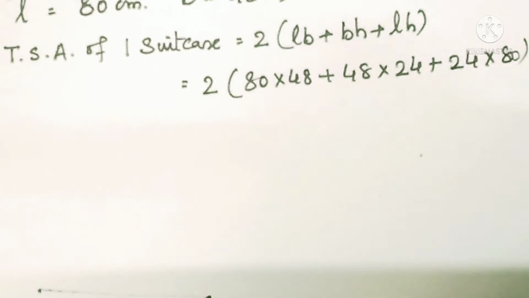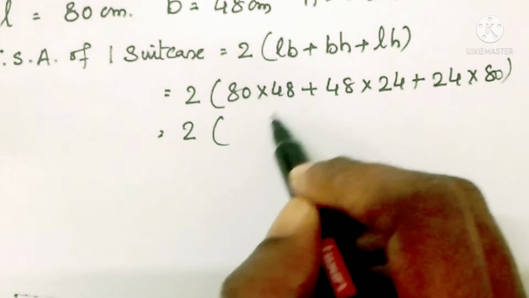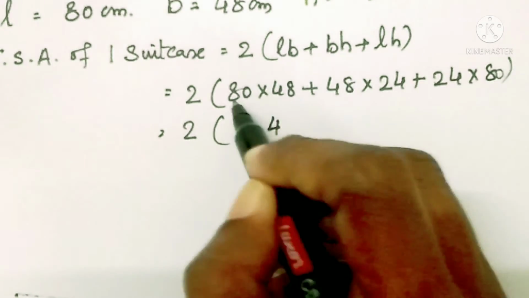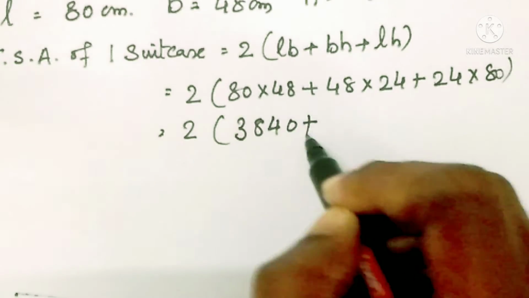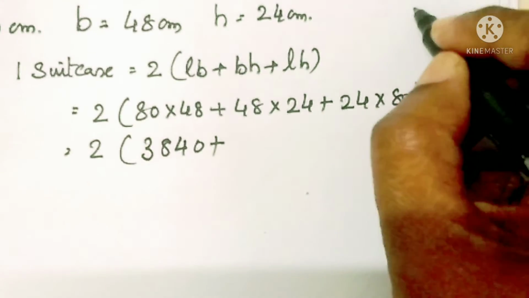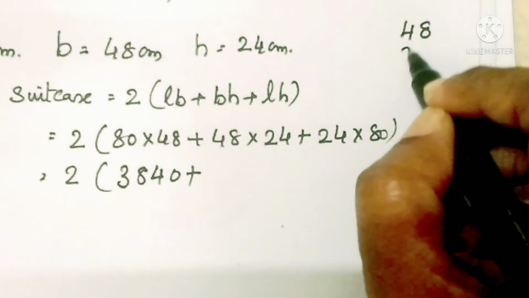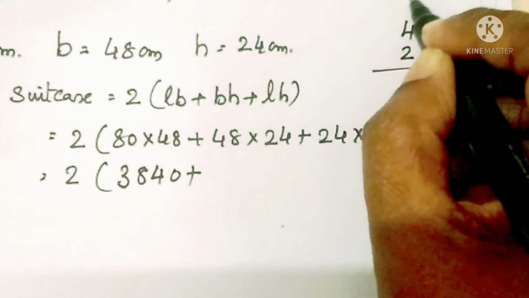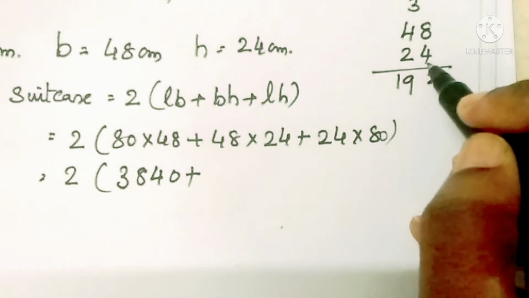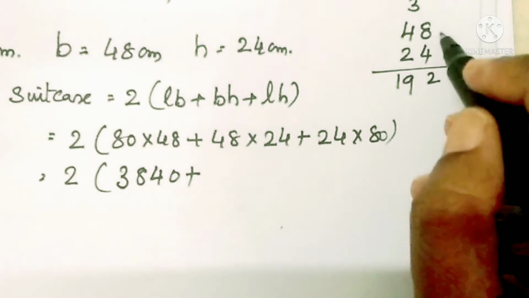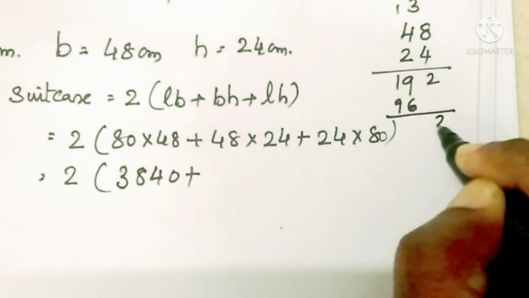Now let us find out how. 2 into 80 into 48. 8 8s are 64. 8 4s are 32 plus 6. Now 48 into 24 we will multiply in the rough column. 8 4s are 32, 4 4s are 16 plus 3 is 19. 8 2s are 16, 4 2s are 8 plus 1 is 9.